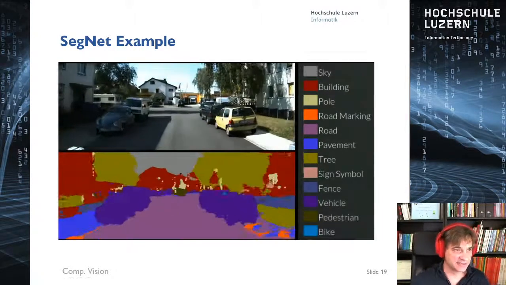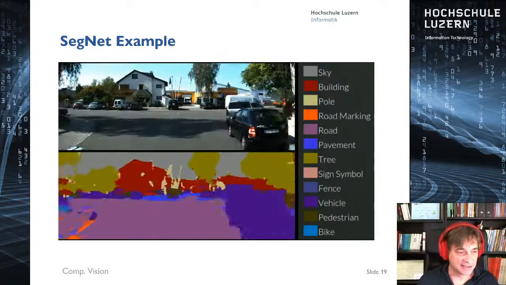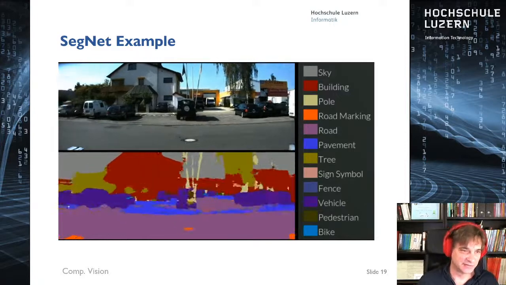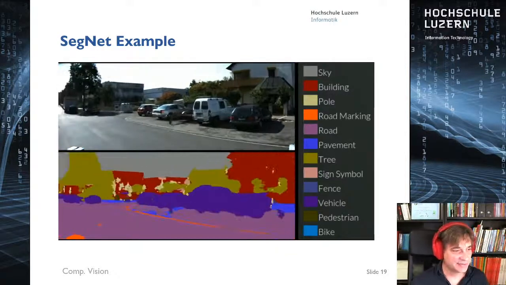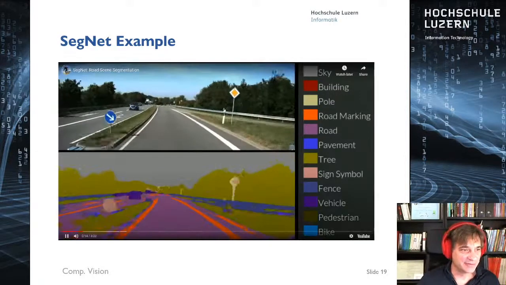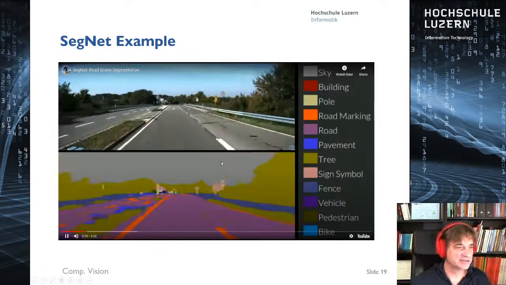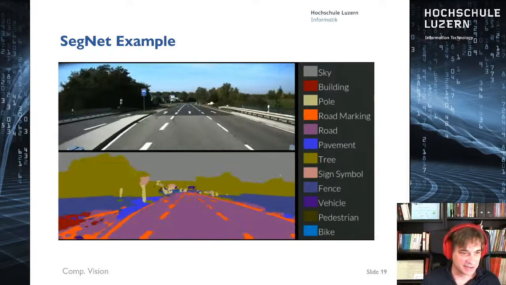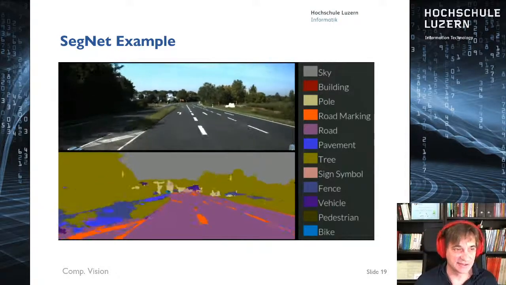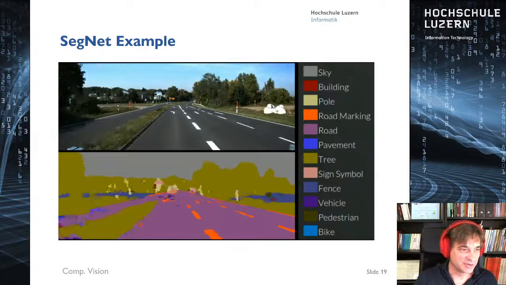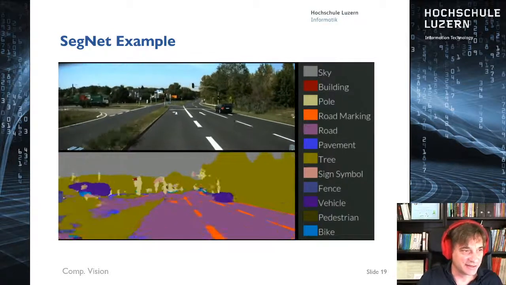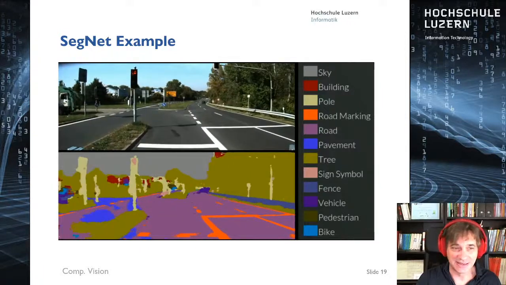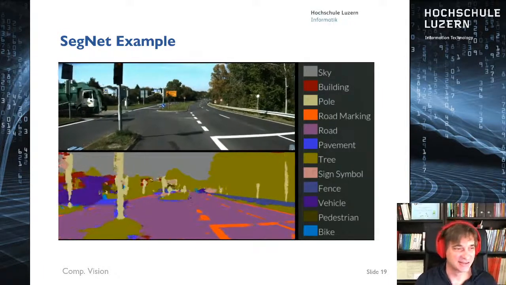On the top you see what the camera sees, and on the bottom the real-time segmentation, which as you can see is quite fast, maybe not correct in all the cases, but in the majority of the cases it detects the correct things. The problem here is if there are some things that you didn't detect, like a car or maybe a bicycle, that is of course quite a problem.